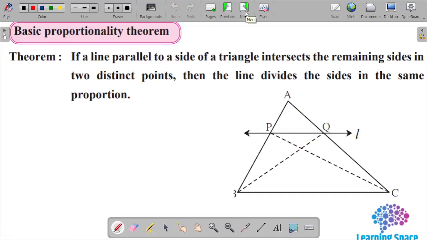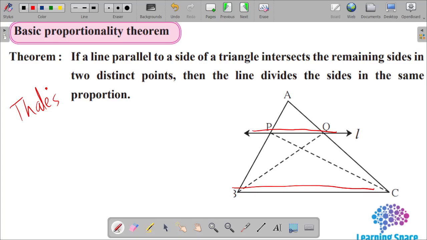Next, basic proportionality theorem or the Thales theorem. Suppose this line L is parallel to this side of a triangle.